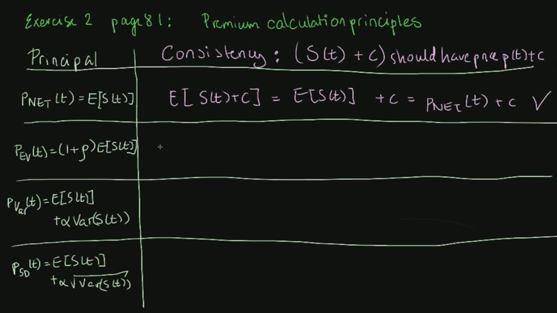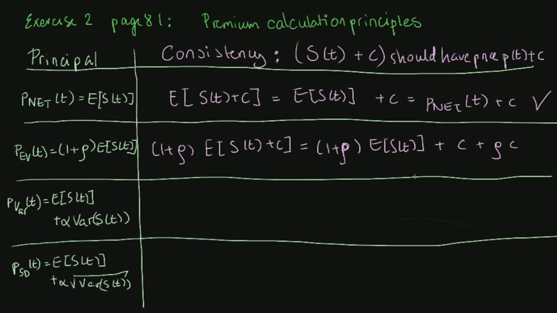Now let's try to look at the second case, the expected value principle, when we try to price S(t) plus c according to this. Well, then we kind of get a problem, right? Because I see that I can take the mean of S(t) first, but then I have to add 1 multiplied by c plus rho multiplied by c.